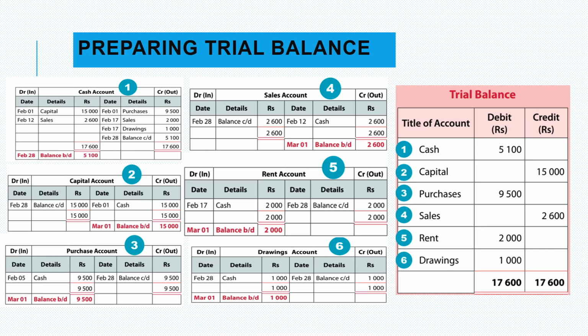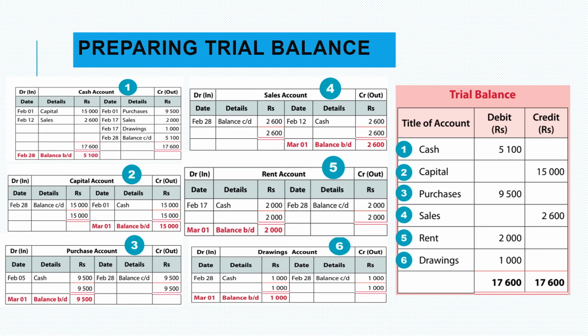Number 2, we have the capital account which has a credit balance. Therefore, it has been recorded in the trial balance as capital 15,000 in the credit column.